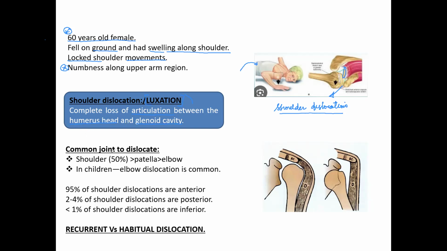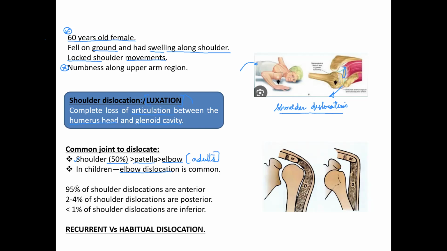So the shoulder is the commonest joint to dislocate. 50% of dislocations happen in the shoulder, followed by the patella, followed by the elbow. So the shoulder is the commonest joint to get dislocated in adults. In children, elbow dislocation is the commonest dislocation.